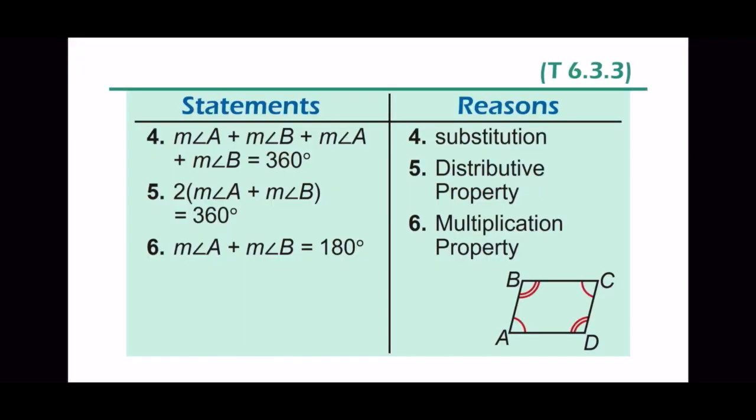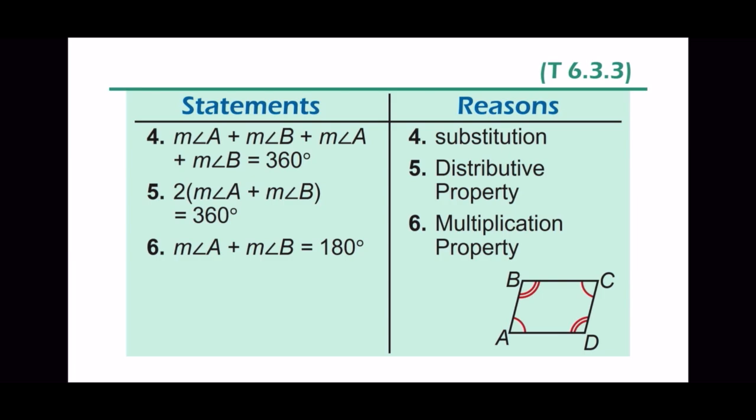Now you might be wondering, why would we use that, or where does that come into play? Good questions. We're going to use a little bit of algebra now to reach another helpful conclusion along our way. The fourth statement takes advantage of statement number 2 by substituting the measures of angles A and B for the measures of angles C and D. That should be pretty easy to see.